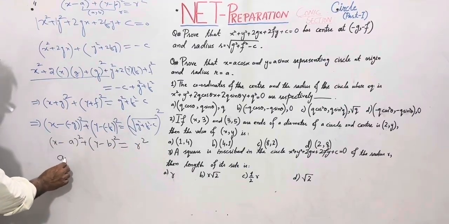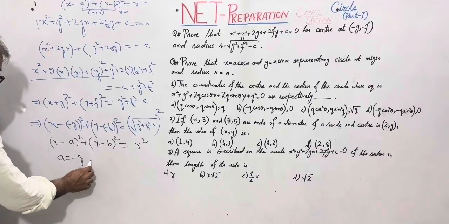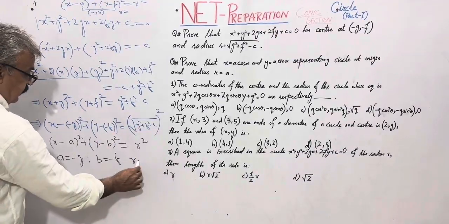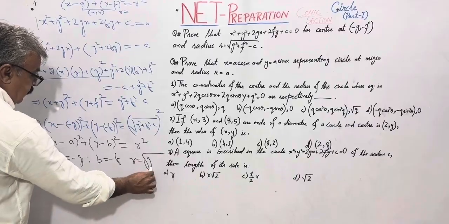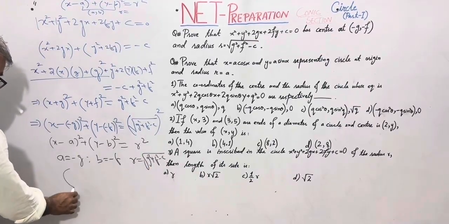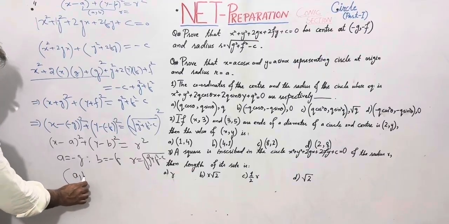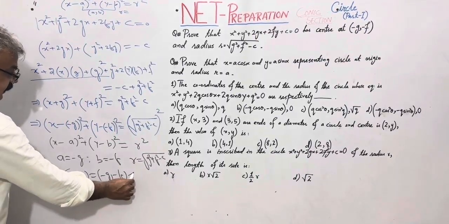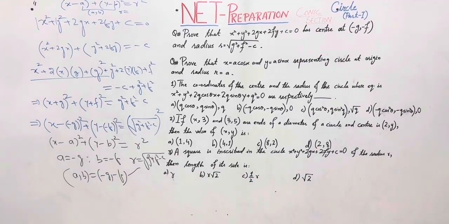Comparing, the value of a is minus g, the value of b is minus f, and r, without the square, is equal to the square root of g square plus f square minus c. So our center (a, b) is equal to (negative g, negative f), and the radius is as mentioned.